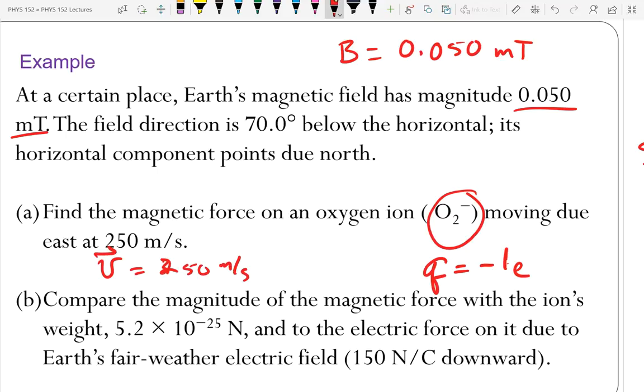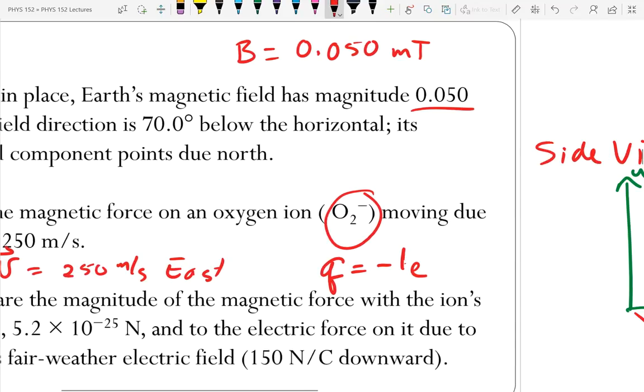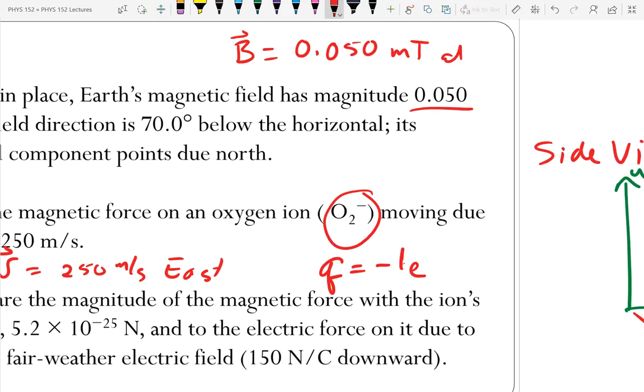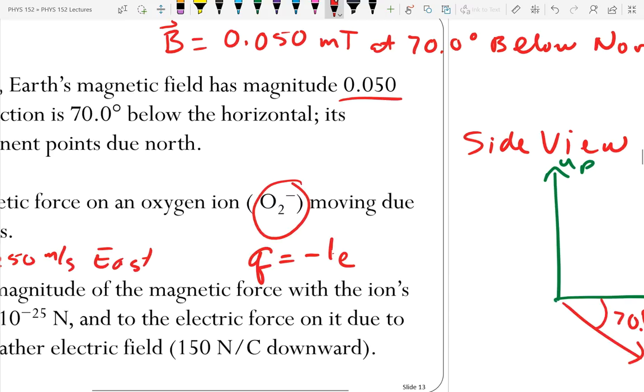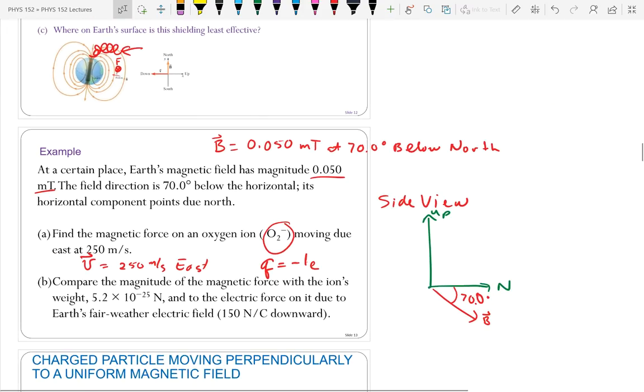I'll make it a vector: 250 meters per second east. Okay, so we have all the information laid out here.